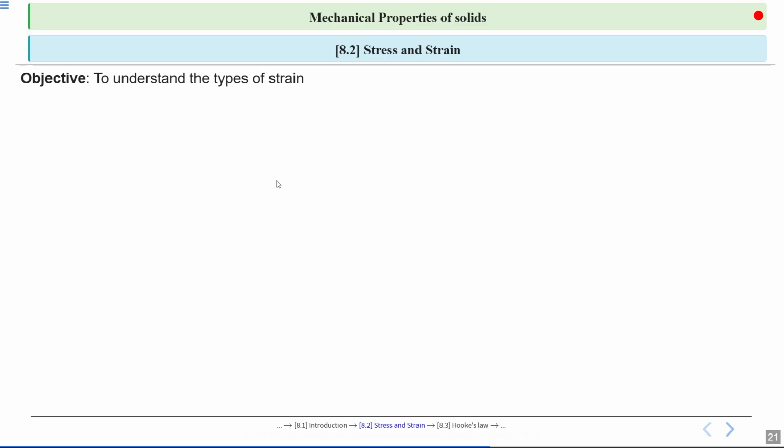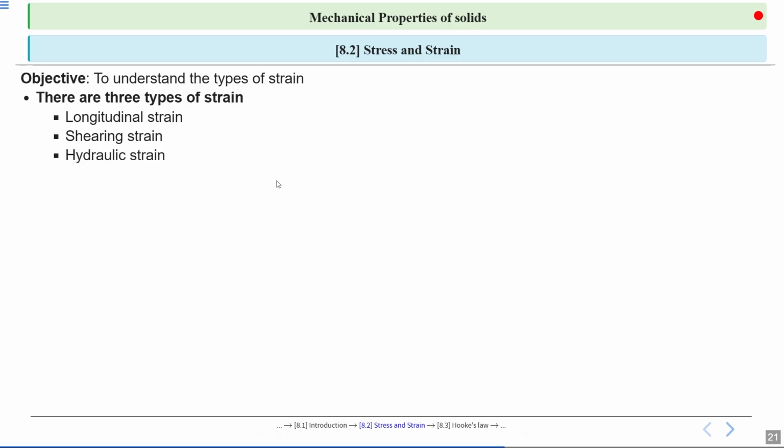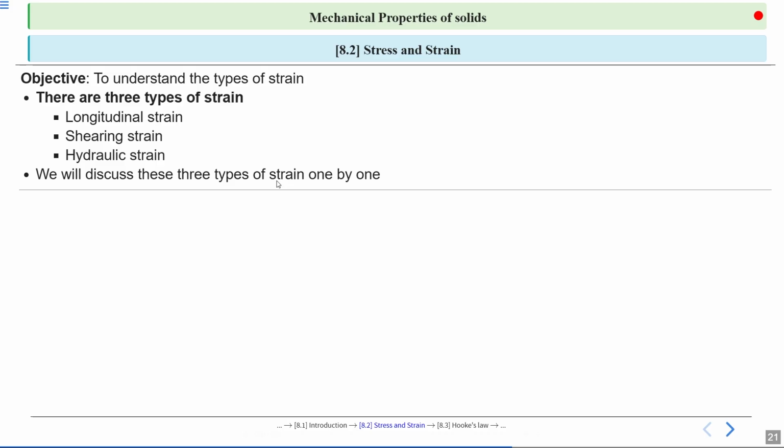So there are three types of strain. First, longitudinal strain. Second, shearing strain. Third, hydraulic strain. We will discuss these three types of strain one by one. All right.